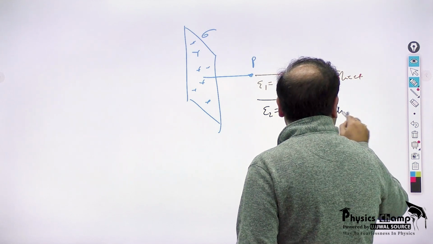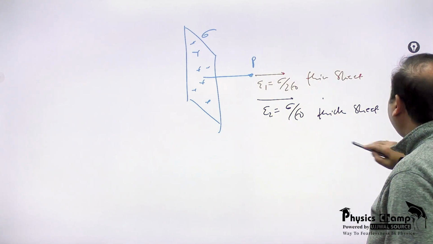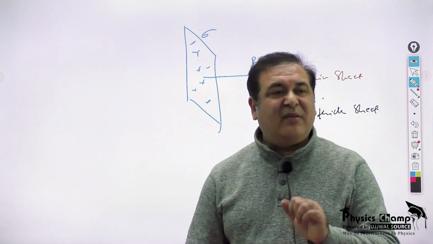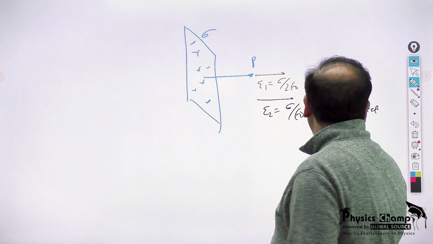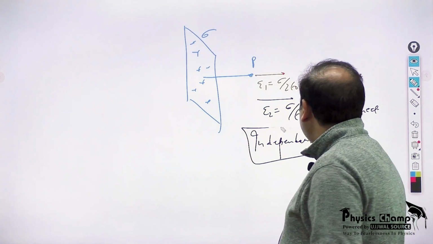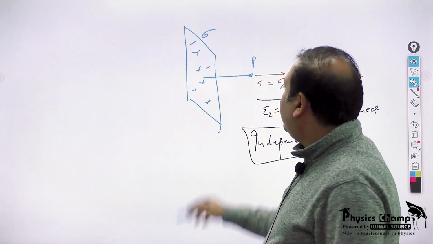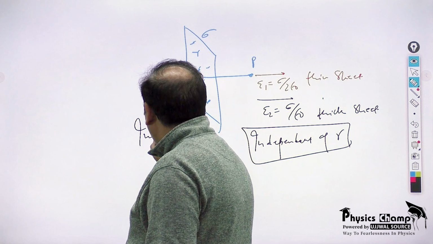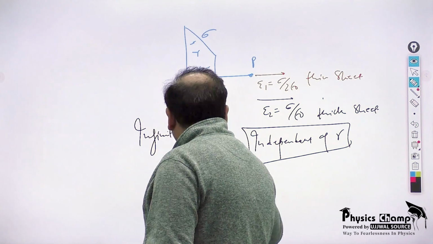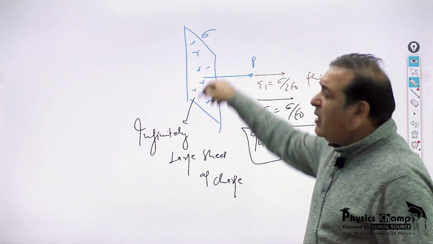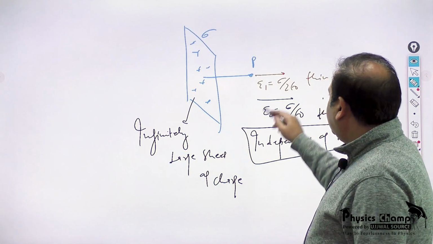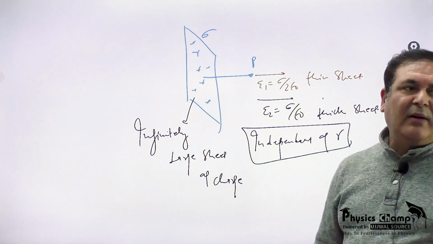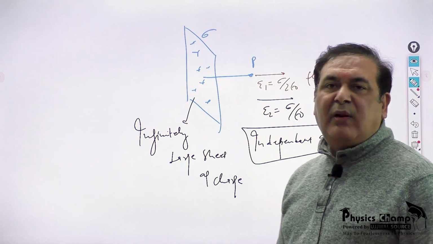In both cases, you can see electric field is independent of r, the distance of this point from the sheet, because this is an infinitely large sheet of charge. Due to a thin sheet it is sigma by 2 epsilon naught, and if it is a thick sheet then it will be sigma by epsilon naught. Keep this in mind.